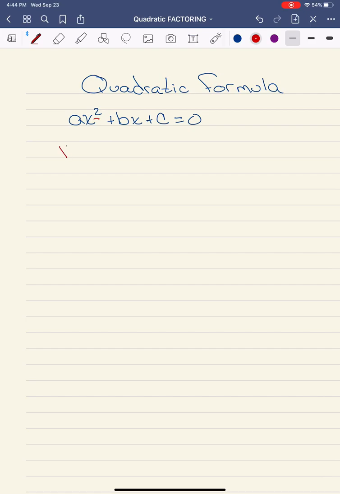The quadratic formula is where x is equal to negative b plus or minus the square root of b squared minus 4ac, all divided by 2a.